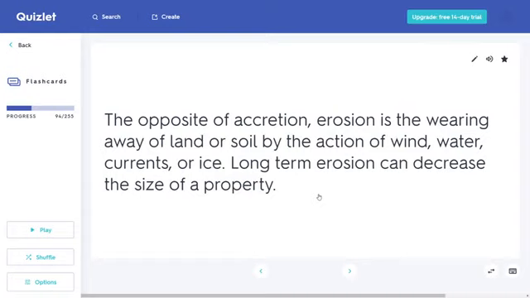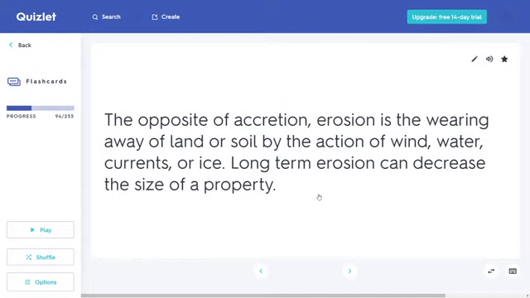Long term erosion can decrease the size of a property. So, remember, we were talking about accretion, like super early. I think that was like our eighth one or ninth one. But anyway, remember, that's the slow process of growth or acquisition of land.